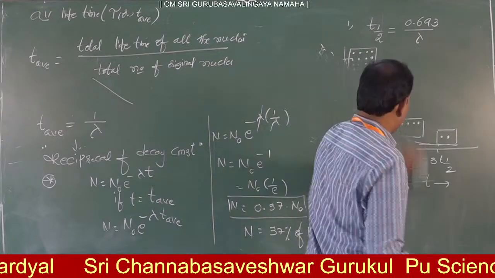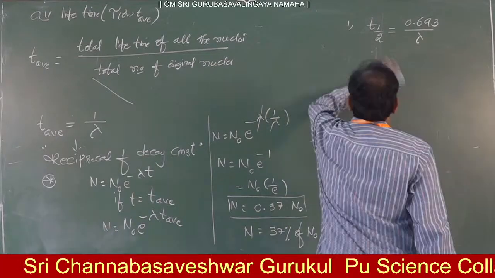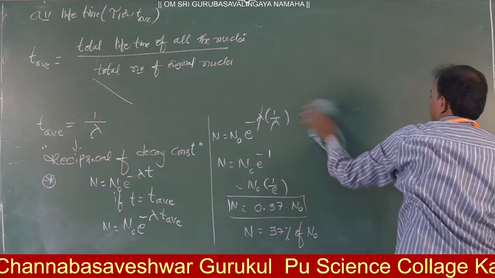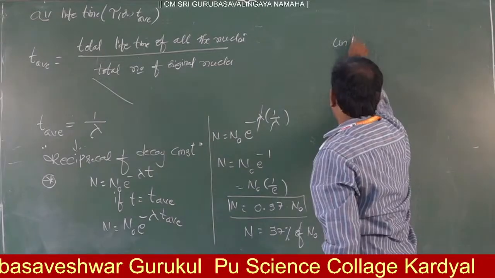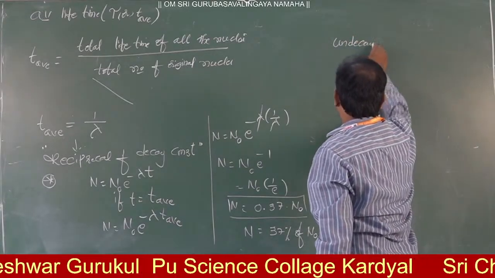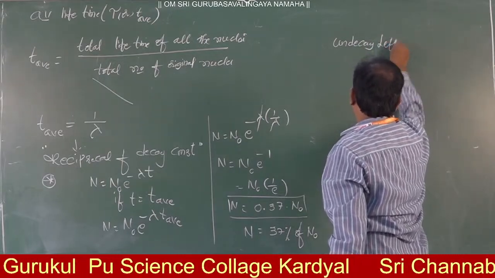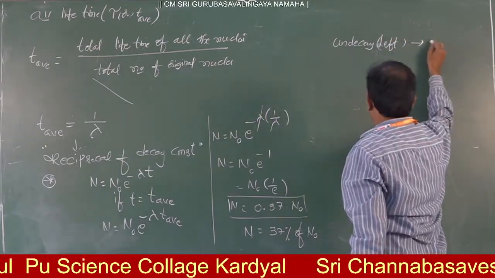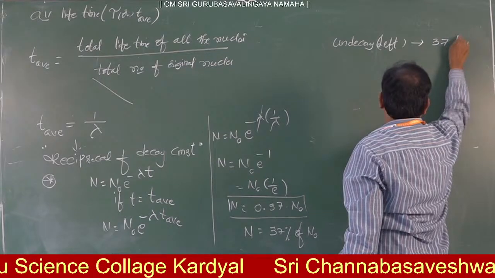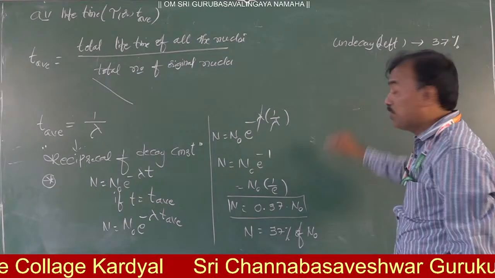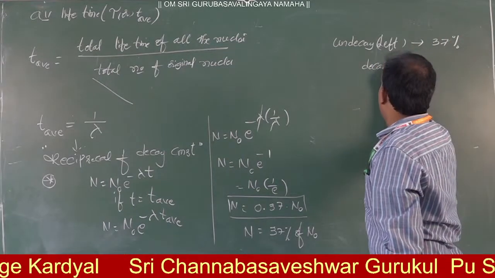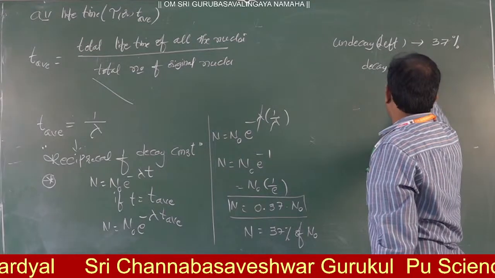In this equation, the undecayed, or remaining, amount is 37%. And the decay is 63%.